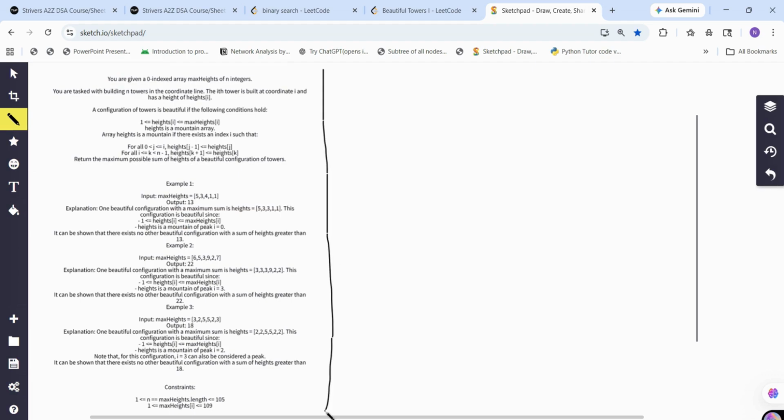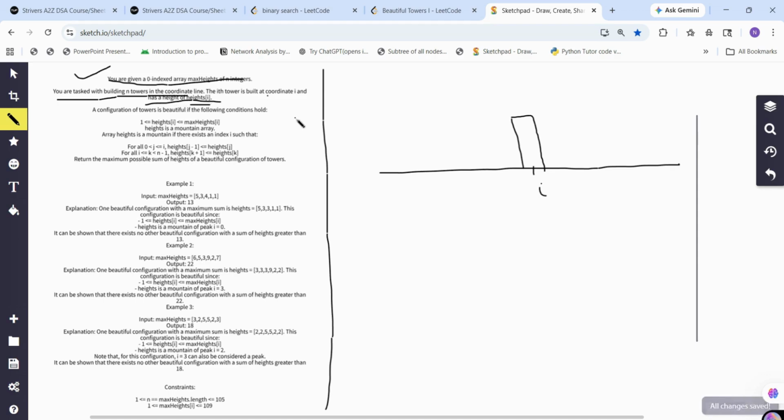Now let us try to understand. It is saying you are given a zero-indexed integer array and you are tasked with building n towers in a coordinate line. So let's suppose this is a coordinate line. The ith tower is built at coordinate i, and it has a height of heights[i].